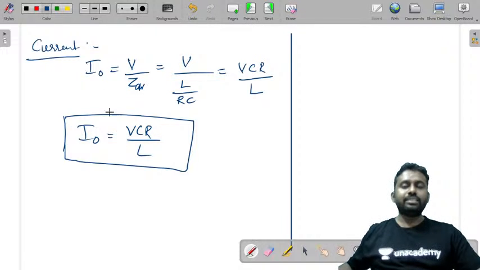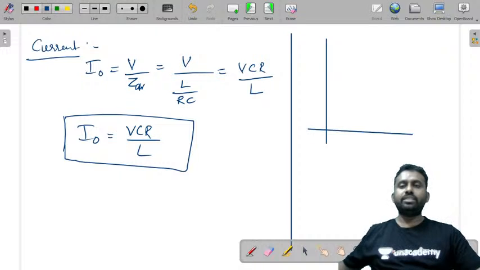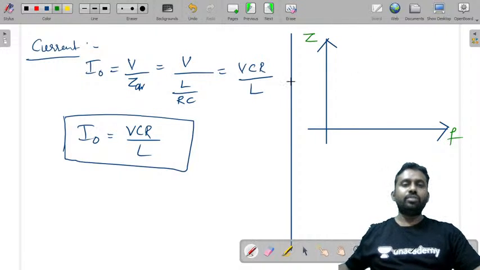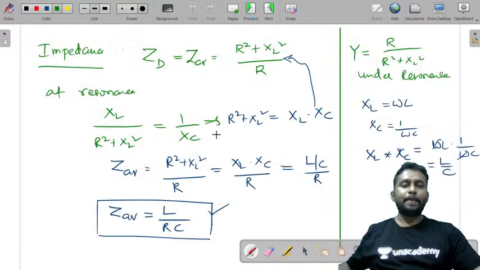Now if you draw the impedance variation with respect to frequency, let us say this is the impedance Z and this is frequency F. As the frequency increases, impedance also increases.